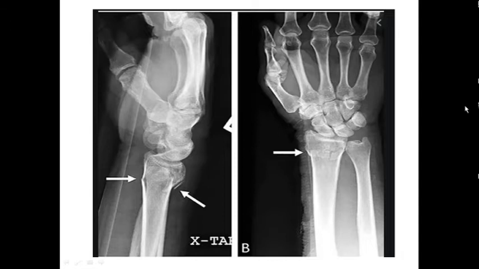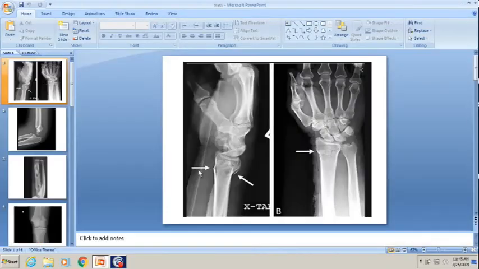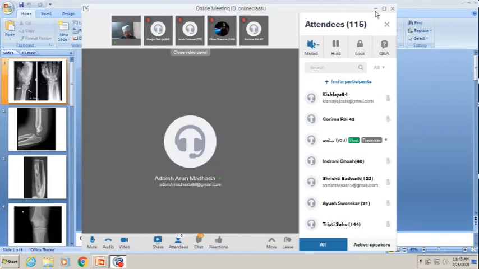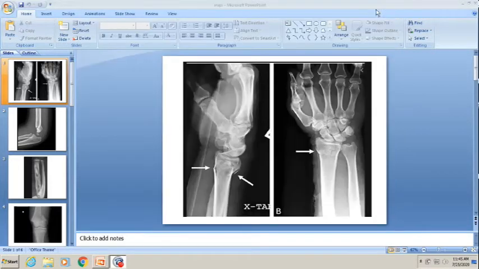So what is the special characteristic of this fracture? I mean to say, what can be the displacements in this fracture? There are six types of displacements. Dorsal shift, dorsal tilt. Okay.